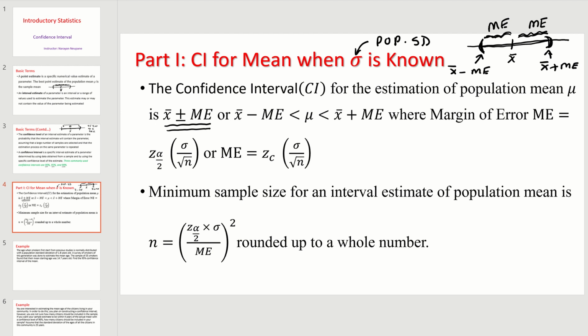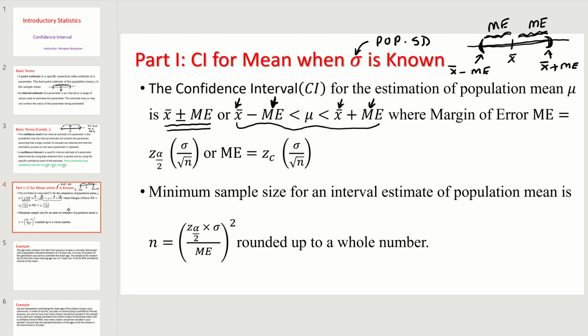Or you can say x bar, that is the sample mean, plus margin of error for the upper bound, and the sample mean minus margin of error for the lower bound.